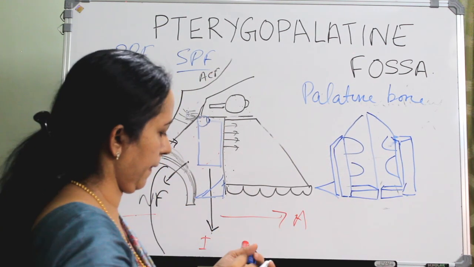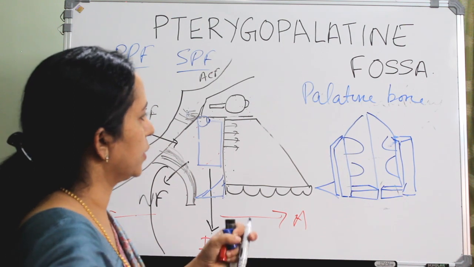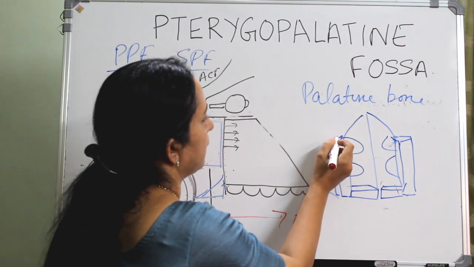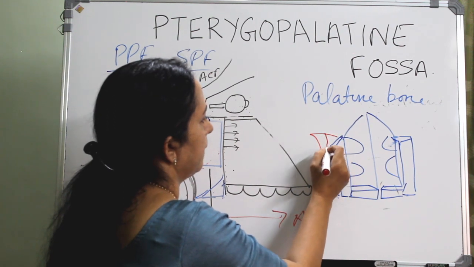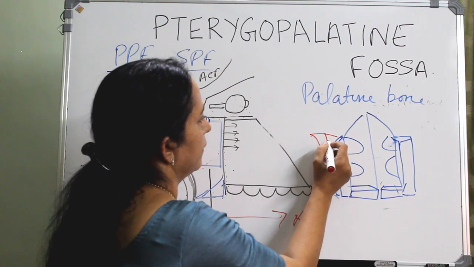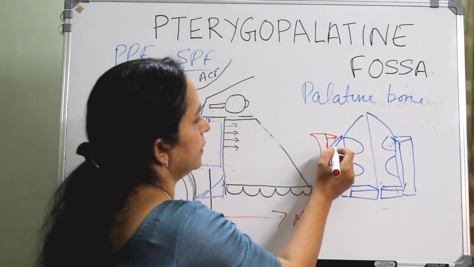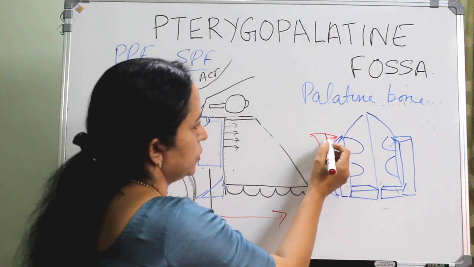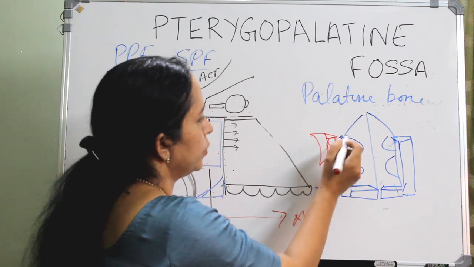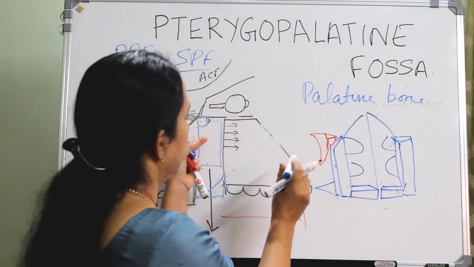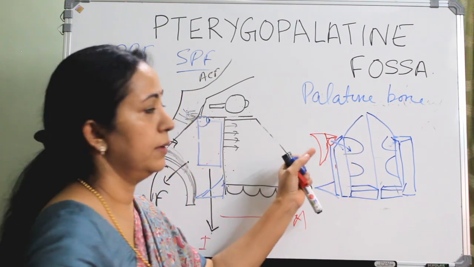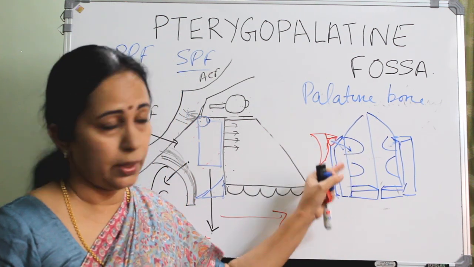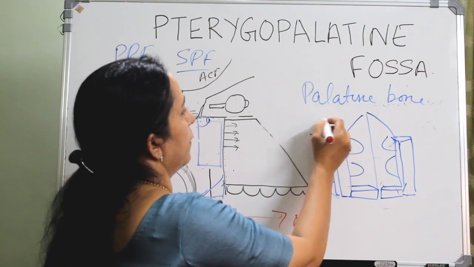And if I draw the pterygopalatine fossa here, this will be the medial wall, isn't it? So here there will be an opening, and through the opening this pterygopalatine fossa will communicate with the lateral wall of nose, and that is called the sphenopalatine foramen.